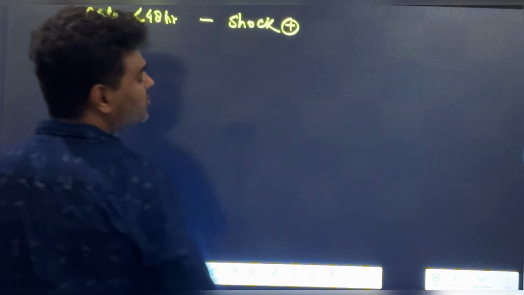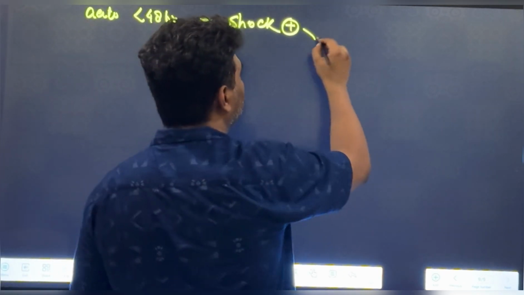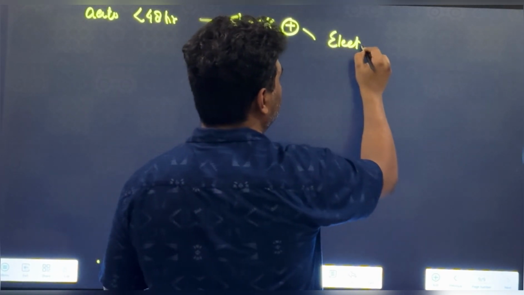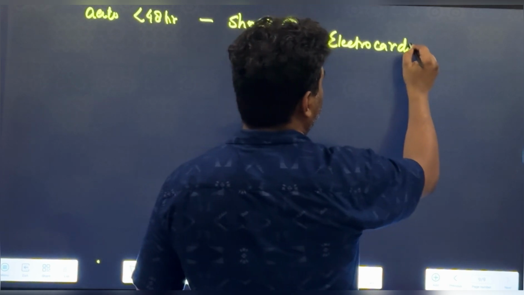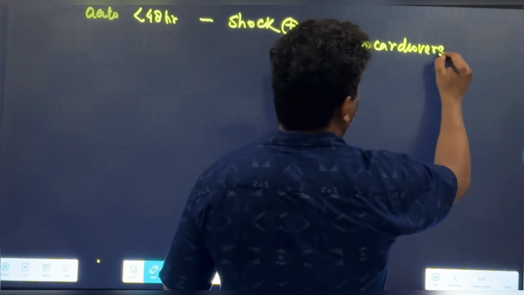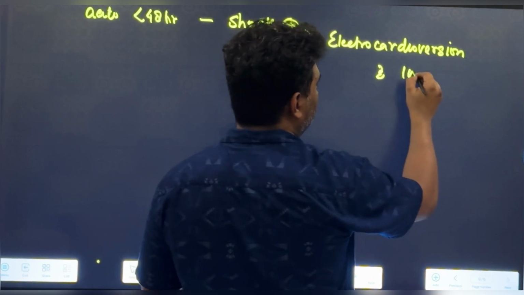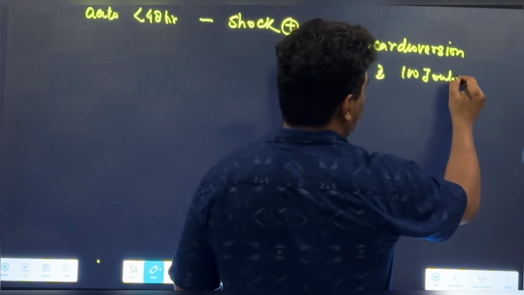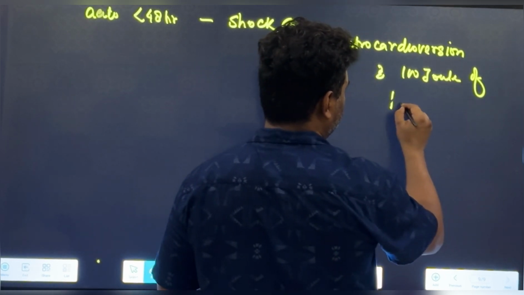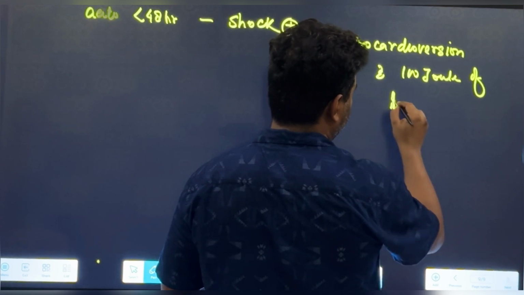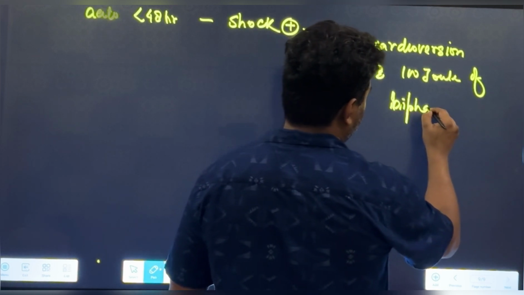If the patient is in shock, then what you have to do is electrocardioversion by giving 100 joules of biphasic energy.